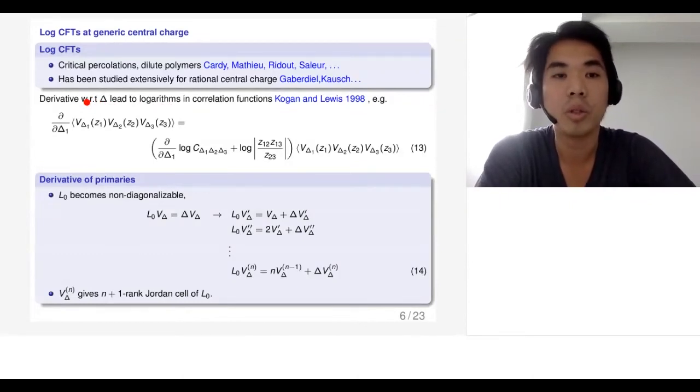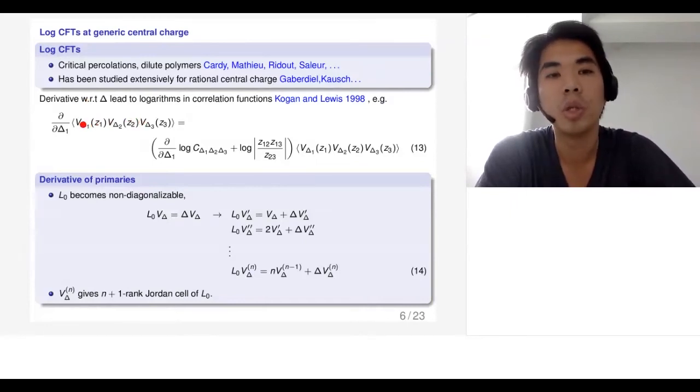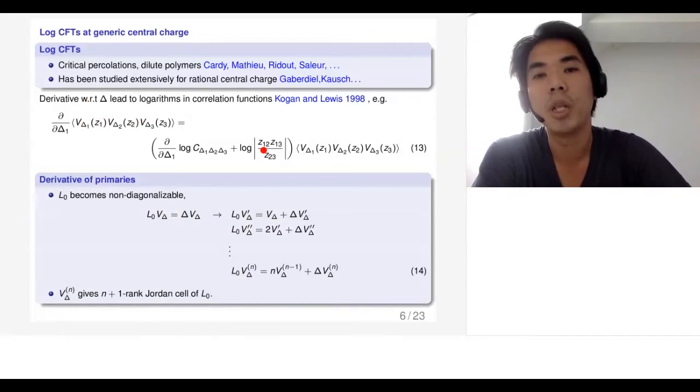For instance, we have this 3-point function of 3 primary fields here, and then take a derivative with respect to delta 1. So I obtain a logarithmic dependence on position here, which led to the name logarithmic conformal field theory.